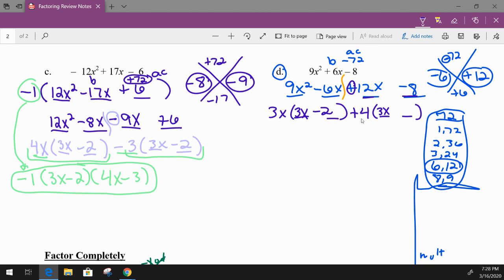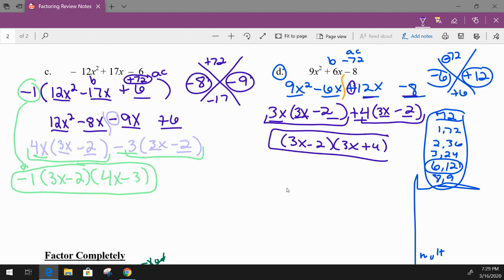And then divide the negative 8 by 4, you get negative 2. Again, imagine this is one term, imagine this is another term. They both have a 3x minus 2, so that technically is being factored out. And then the 3x plus 4 is what you have left of both of those terms.